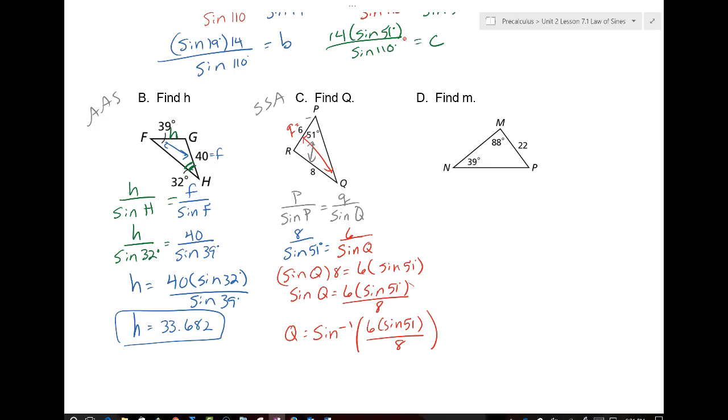And so then I get 6 times the sine of 51 over 8. Hit enter. And I got Q to be about, and you don't need to use the approximate symbols, you can do equal sign because we're going to round to the nearest degree, about 36 degrees.